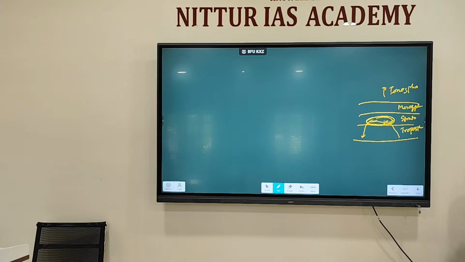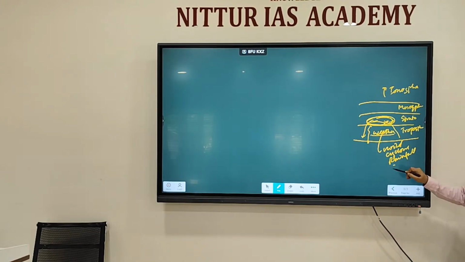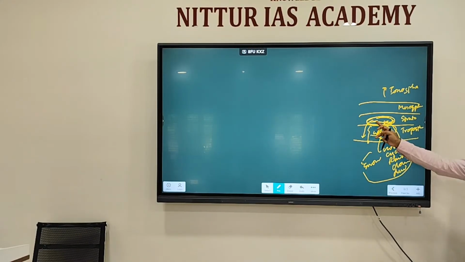Because all your weather-related phenomena happen in the troposphere only: wind, cyclones, rainfall, cloud formation, dew formation, snowfall. So this is where a lot of disturbance is there. That's why most of the movement is in the stratosphere.